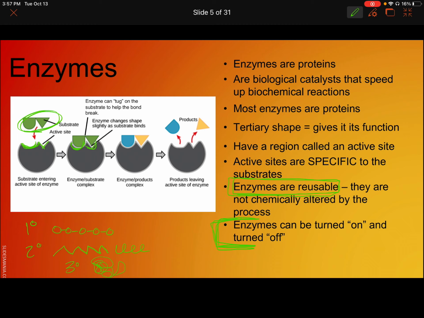So in this example, they're taking it apart, and because of the shape of the enzyme, when the substrate binds, you can have this tugging on the substrate to put some stress on this bond that's holding those two things together. And once that is broken, then you have two products and they can go on their way. And then another substrate can bind to the enzyme.